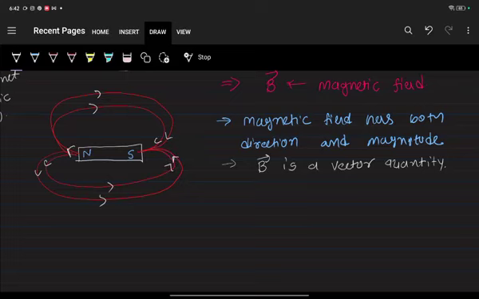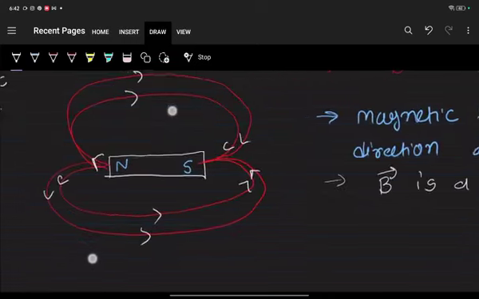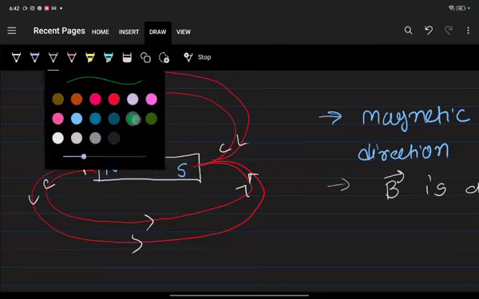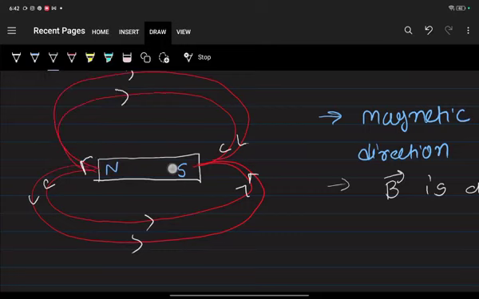Therefore, it is taken by convention that the field lines emerge from north pole and merge at the south pole. But what about the inside? Inside its direction is completely reverse. It is south to north.